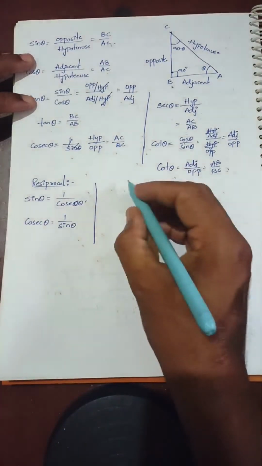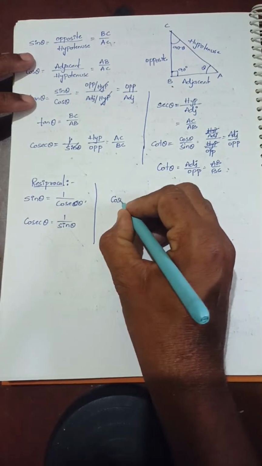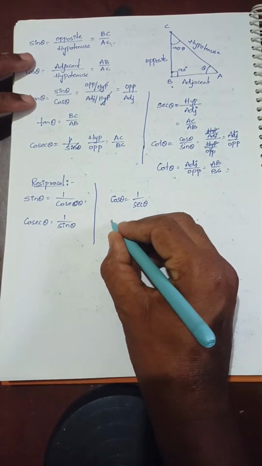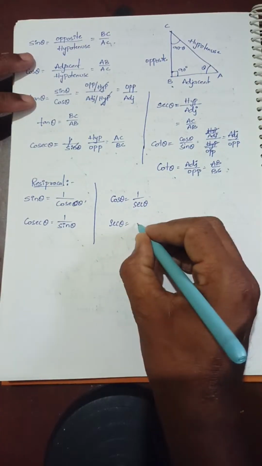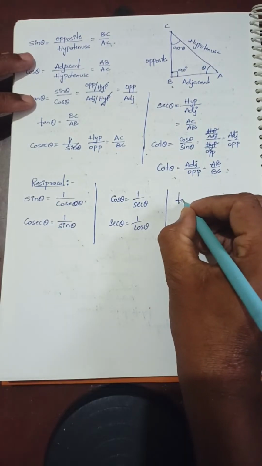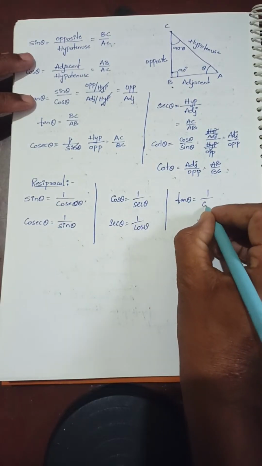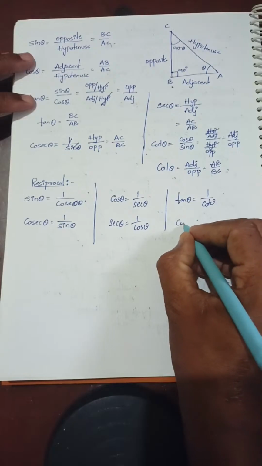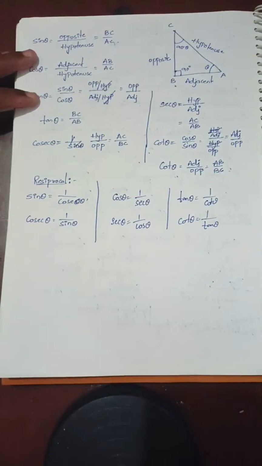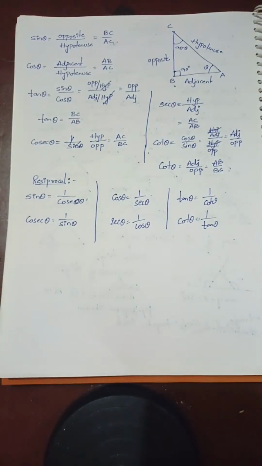The second one, cos theta reciprocal is 1 by secant theta. Secant theta reciprocal is 1 by cos theta. Tan theta reciprocal is 1 by cot theta. Cot theta reciprocal is 1 by tan theta. These are the reciprocals.